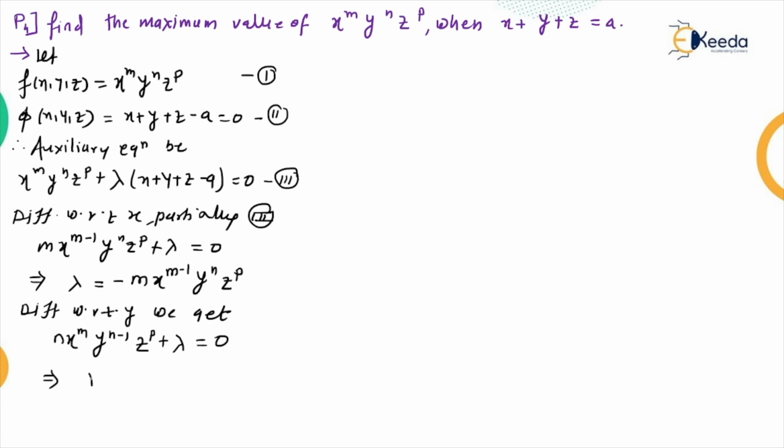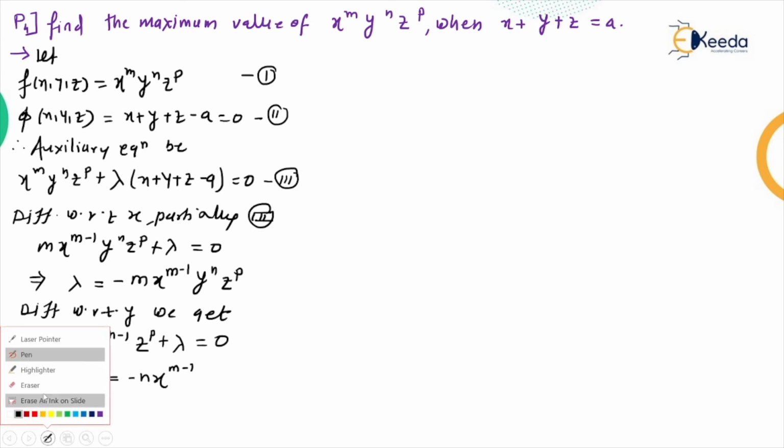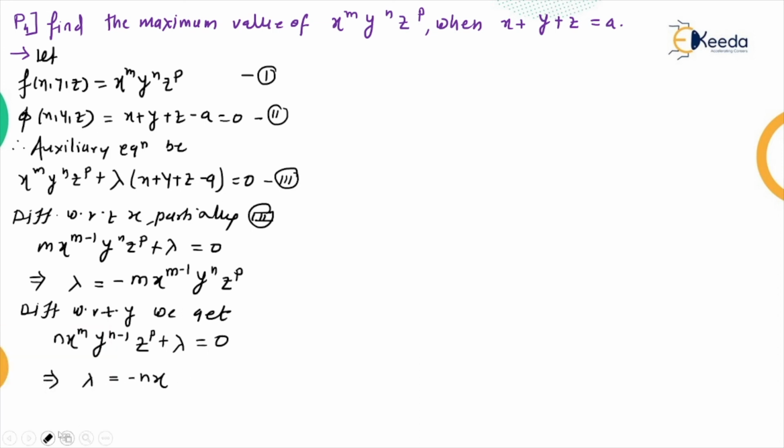Therefore lambda is equal to minus n into x power m, y power n minus 1 and z power p. This is differentiation only with respect to y. For reference we call this equation number 4 and this equation number 5.